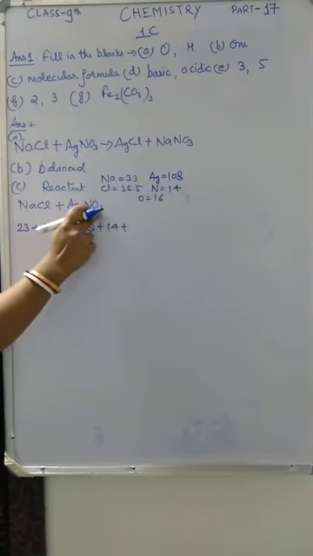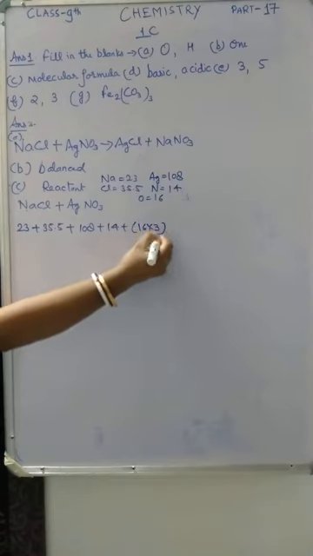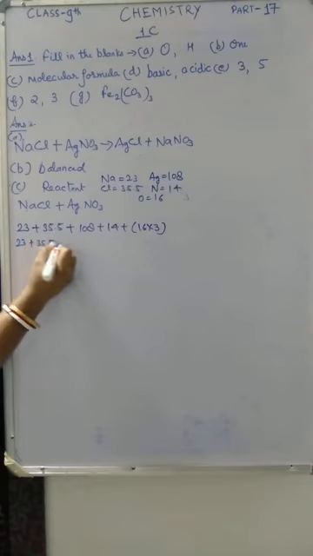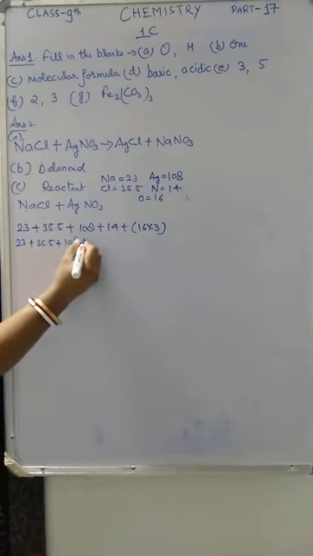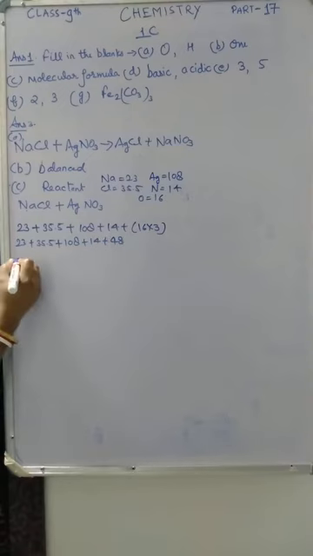Since here 3 atoms of oxygen are there, 16 into 3, which is 48.